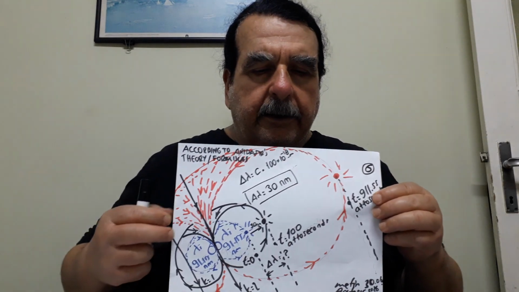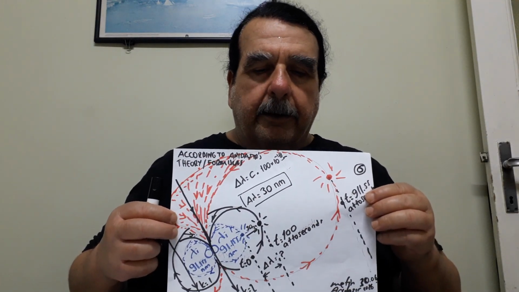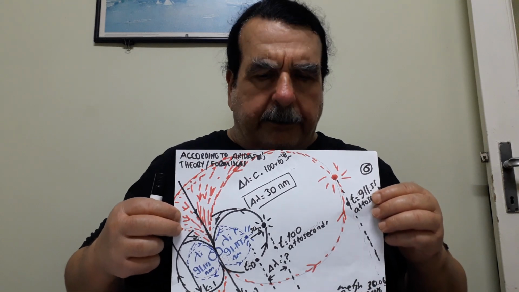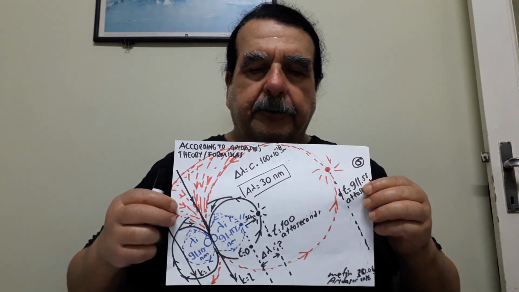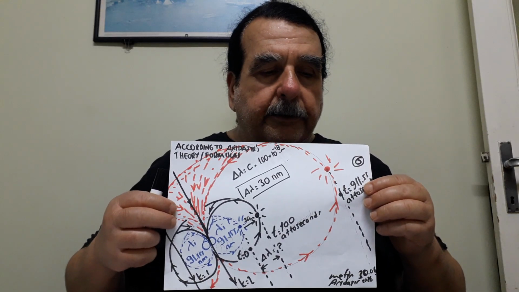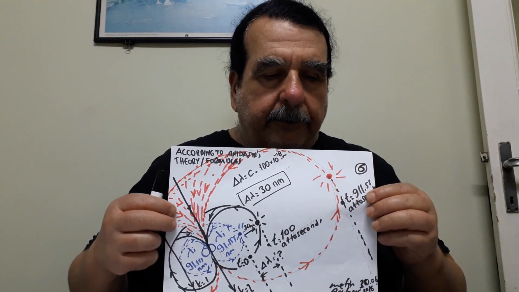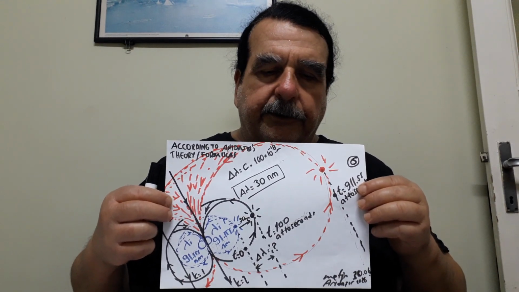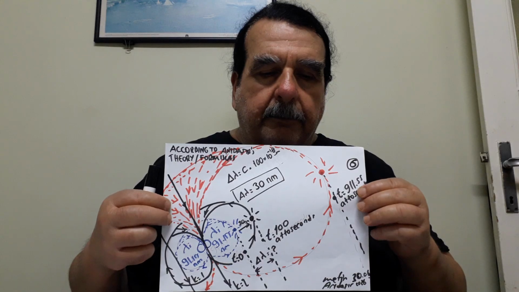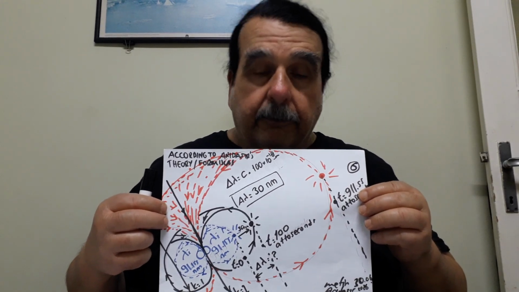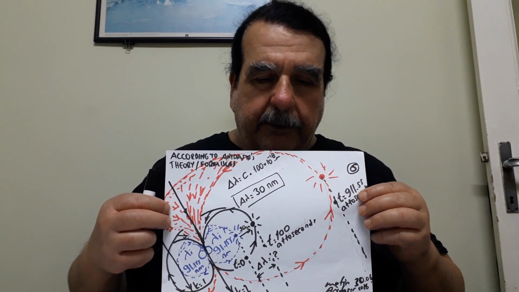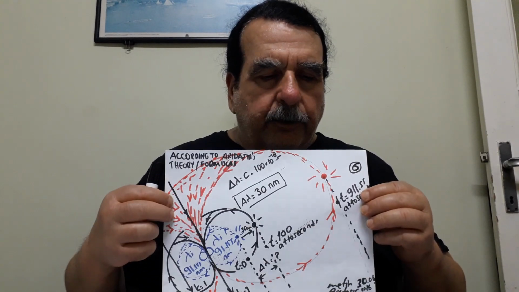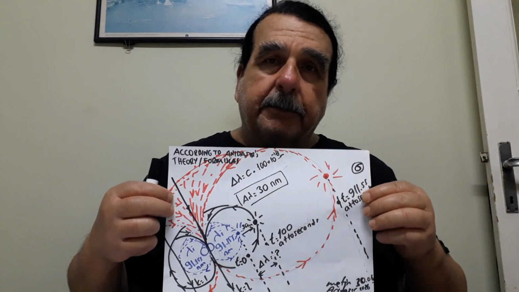Delta lambda equals C multiplied by 10 to the minus 18 second, 100 attosecond, equals delta lambda 30 nanometer over 100 attoseconds at the speed of light. At that moment, the radius wavelength reaches 91 nanometer plus 30 nanometer equals 121.155 nanometer, based on which the mass at a point on this radius will be calculated.